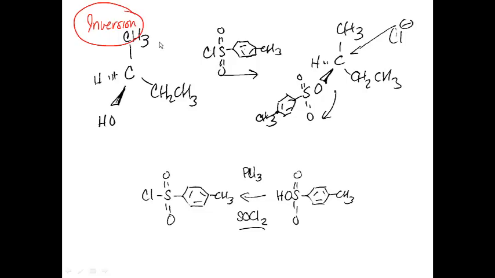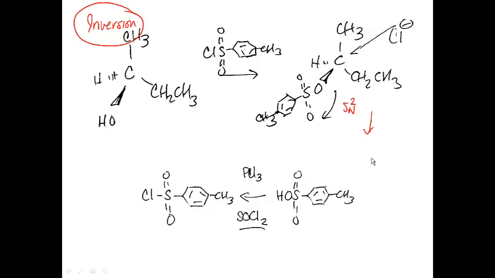Let's take our alcohol and react it with our new friend, the tosyl chloride, to make a tosylate ester. And since that's now a good leaving group, let's take a chloride and dump it in there. The chloride would come in, kick off the tosylate ester, and guess what happens? We end up with inversion of configuration, because this is an SN2 mechanism.